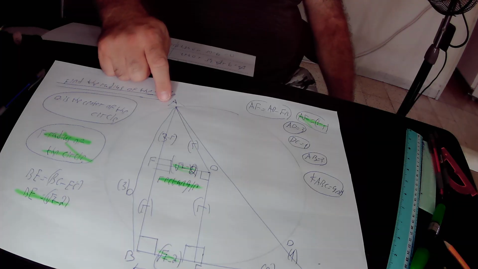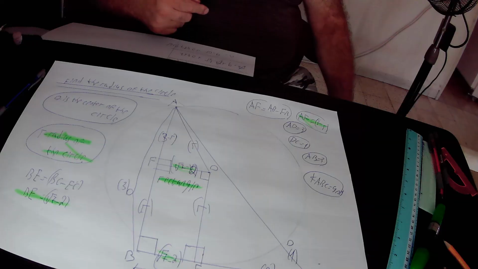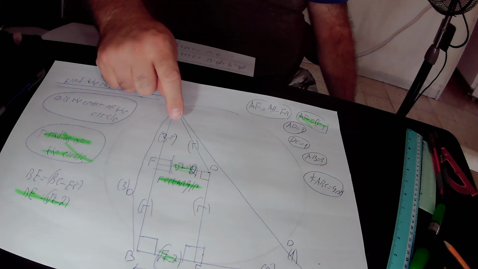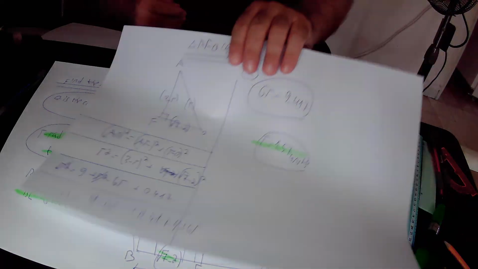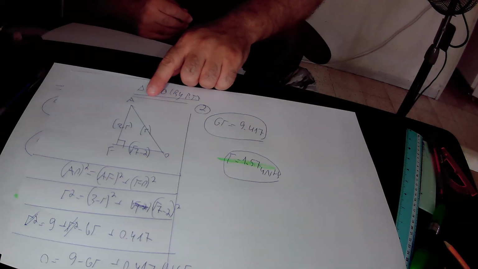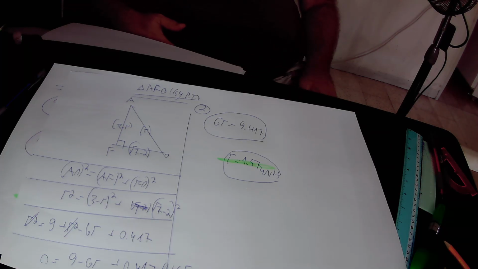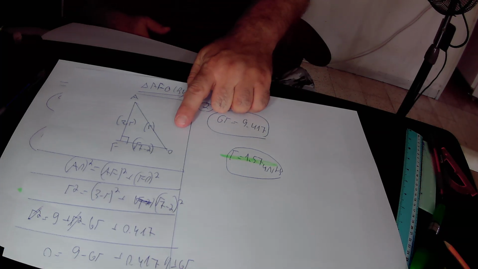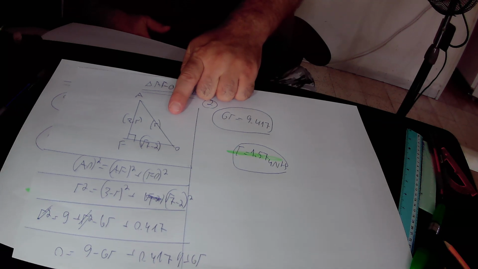In the next step, I copied the right triangle AFO onto a new page and applied the Pythagoras theorem to this right triangle, triangle AFO. This is actually the triangle AFO according to the original drawing. In this triangle AFO, according to the Pythagoras theorem, AO squared, that is the square of the hypotenuse, equals AF squared plus FO squared.